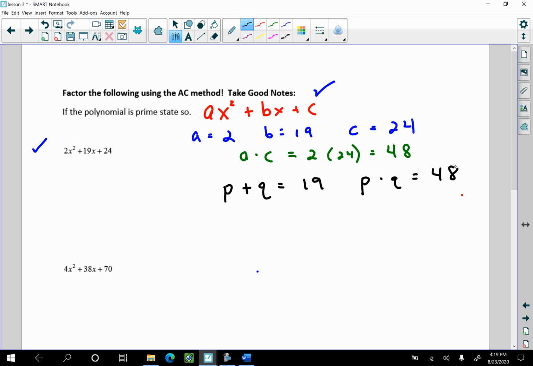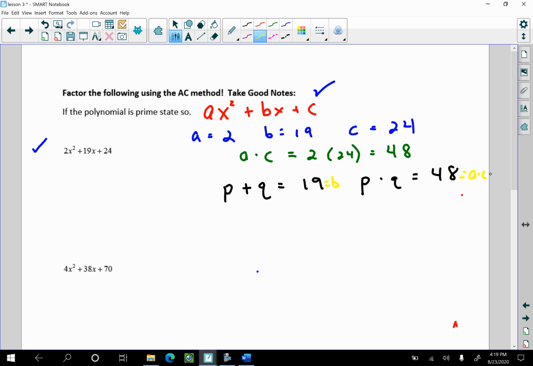So p plus q has to equal b. This is b in our case. p times q has to equal a times c. And now all I have to do is guess and check until I find those two numbers. All right, so I'm thinking about it, two numbers.